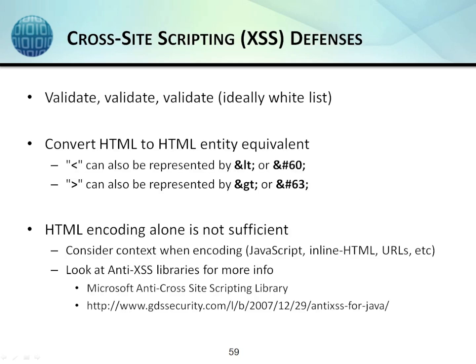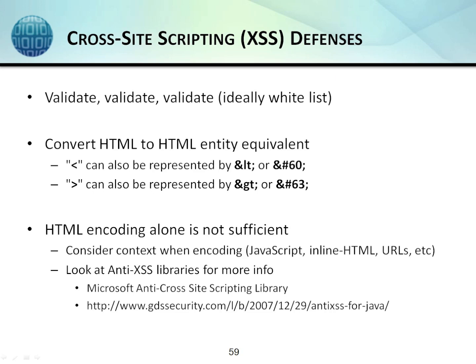So again, just some defenses. Usually the recommendation for cross-site scripting is to encode the data before it's rendered. If the data is being written into an HTML context, then doing an HTML encode is usually going to be sufficient.